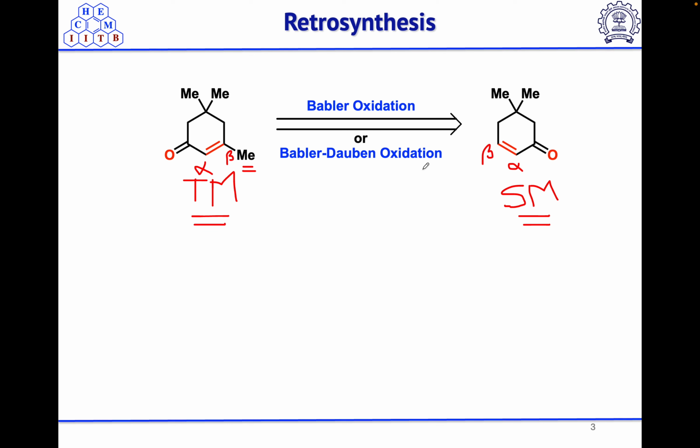What is happening in this oxidation? You have to use Grignard reagents without copper iodide, without copper salt. If you use copper salt, the copper salt makes the Grignard reagent or alkyl lithium reagent softer.